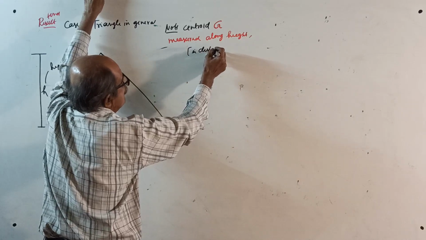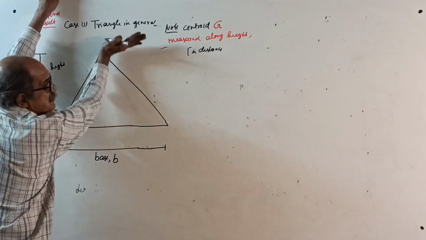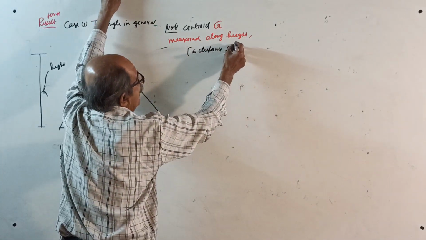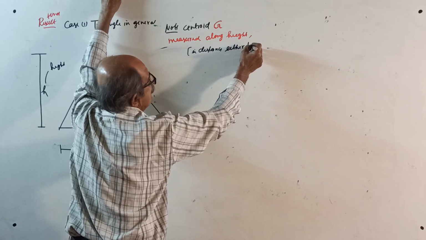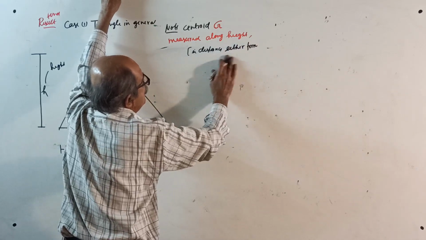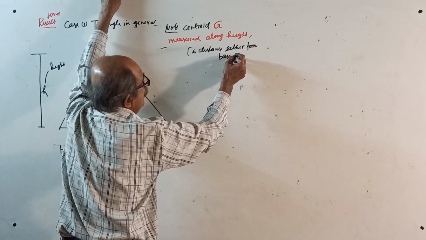Along the height means the distance either from the base or the vertex.